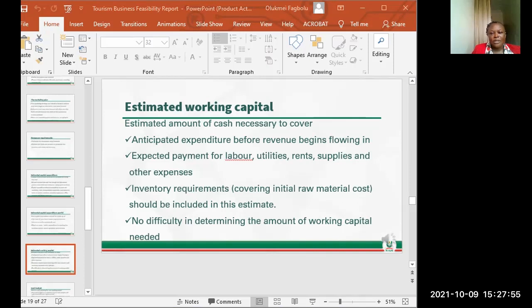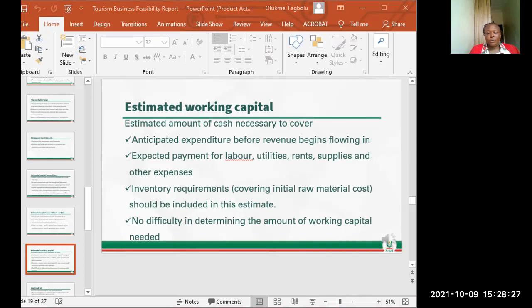Then anticipated expenditure before revenue begins. It will also contain expected payment for labor, utilities, rent, supplies, and other expenses. Inventory is another section that must surface under estimated working capital. Inventory covering initial raw material cost.